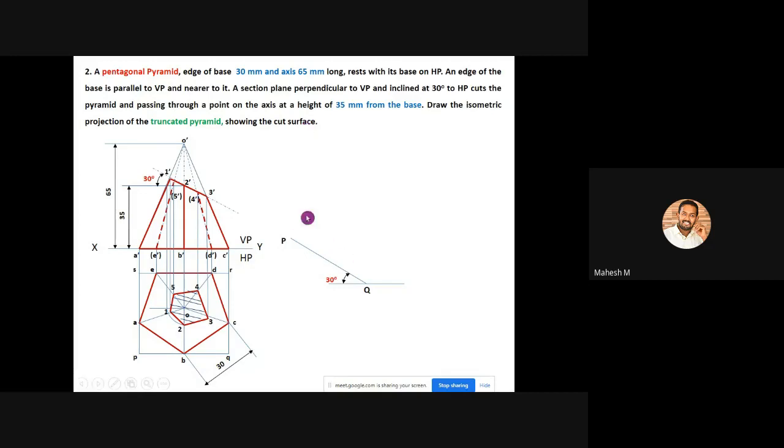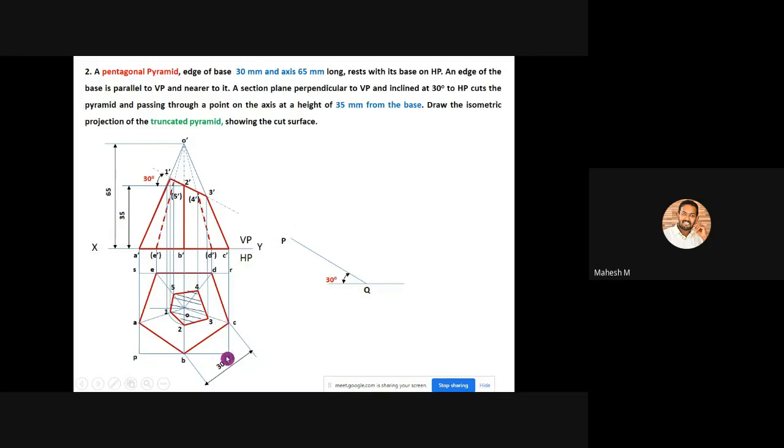If we create this PQ line in the other direction, you can't see the cut surface because it will be invisible. So this Q point has been placed on this horizontal line. I have measured this distance and marked this line. The end point of this line is P.